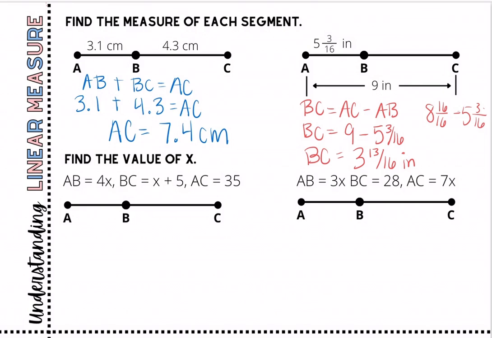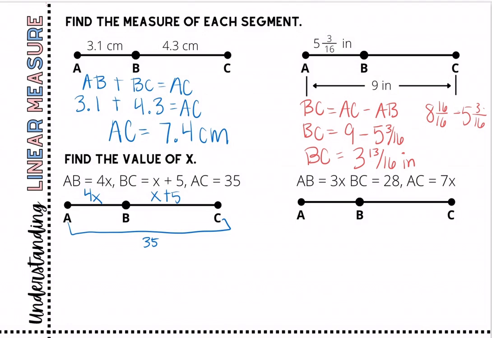Now, what we're really going to focus on is the next section, finding x, applying this relationship and expanding upon it. The only thing I'll tell you is make sure you pay attention to what is what, because if you read through it really quickly and put it all together, you may mess everything up. So AB is 4x, BC is x plus 5, and AC is 35.